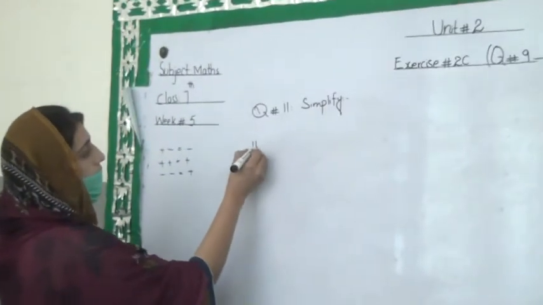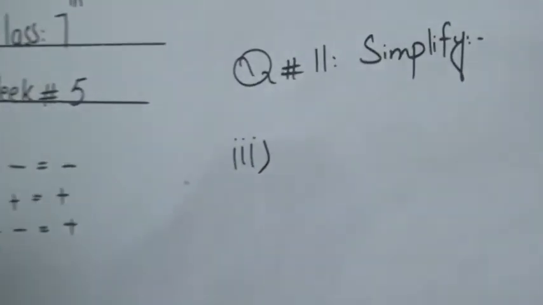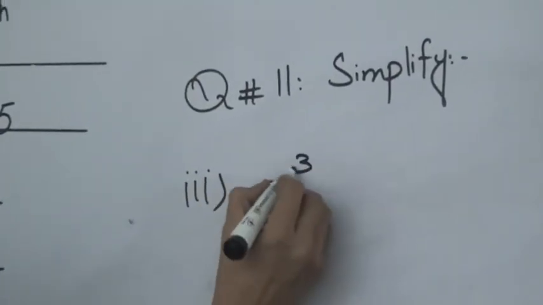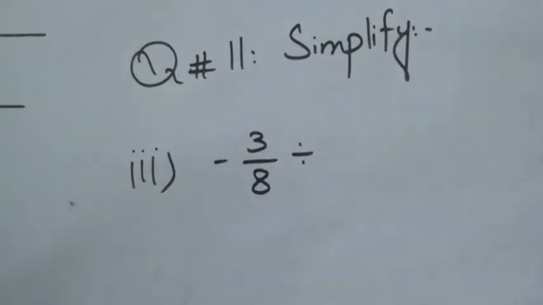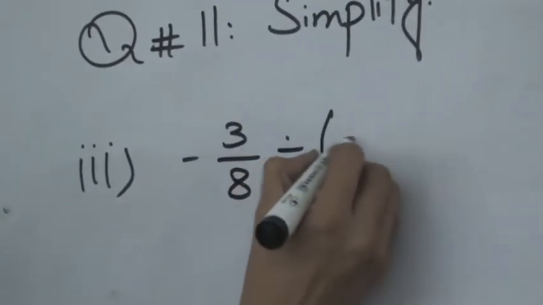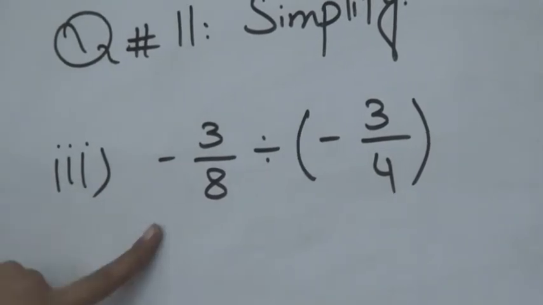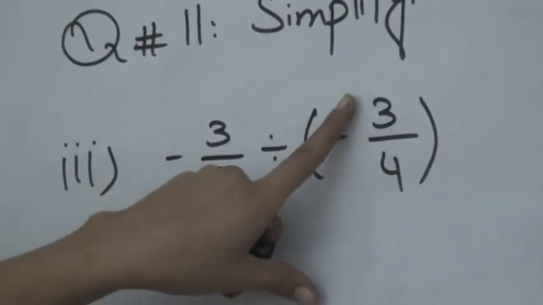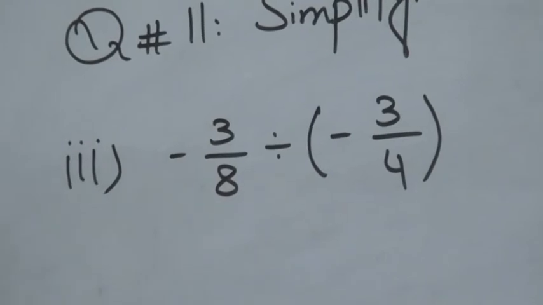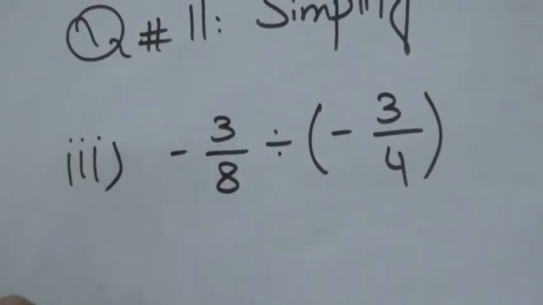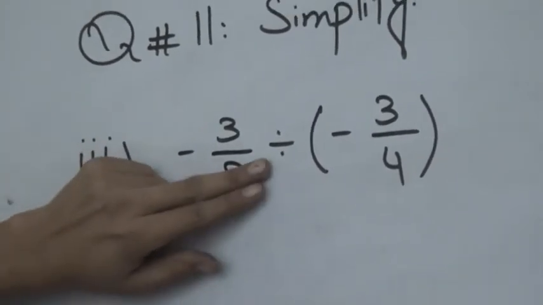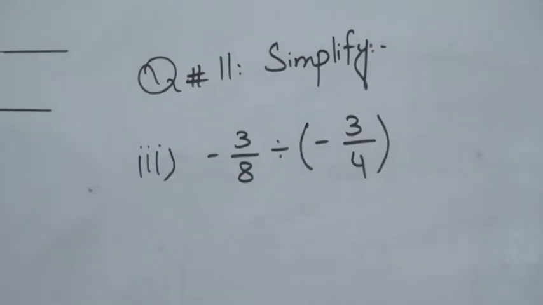Here the third part is minus 3 by 8 divided by minus 3 by 4. Minus 3 by 8 multiplied by minus 3 by 4. Here first of all, when we simplify this question, we will change the division sign into multiplication.